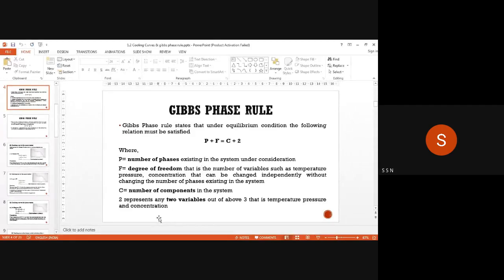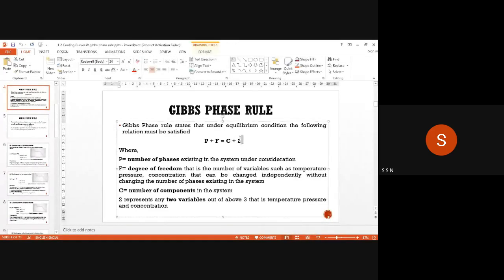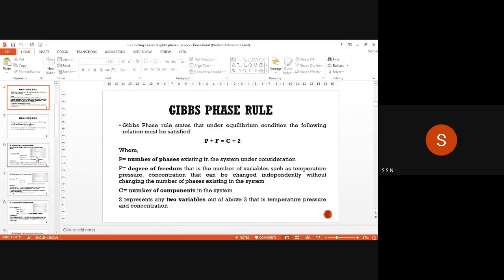These variables are generally 3: temperature, pressure, and concentration. So why are we considering 1 here in actual application while looking at the phase diagram? Just write in chat why we have done this.